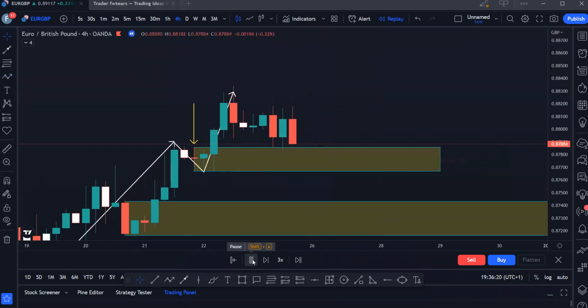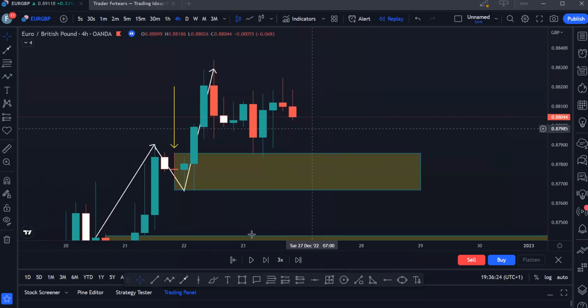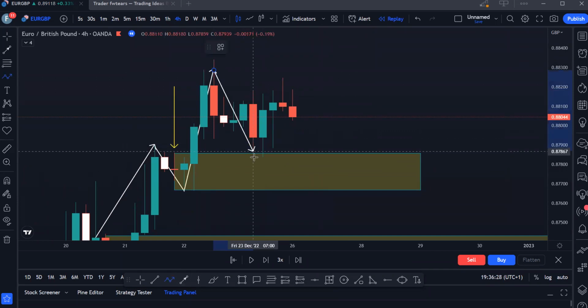So watch carefully. Good. You can see that when price came into this zone, that support zone worked. And if you had entered here, you would have been in profit.